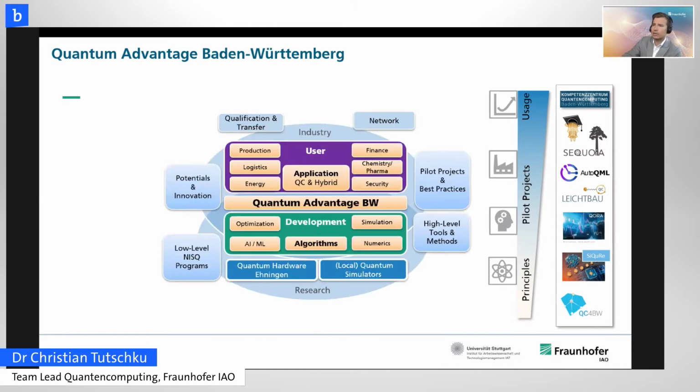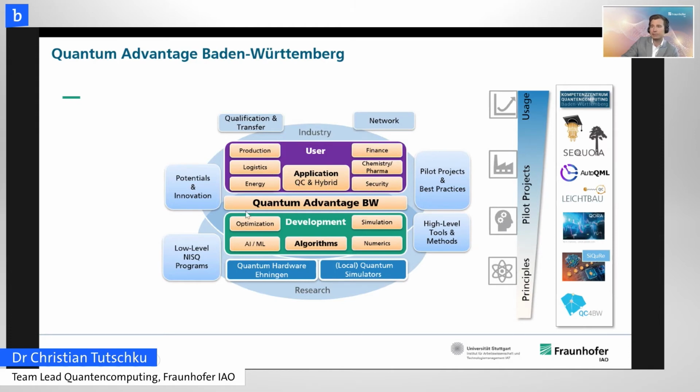And our ansatz is really to have the industry very close to the research partners. So within the competence network, there are all of the Fraunhofer partners and universities, R&D partners, very close to the industry network, which we built up over all the branches, and they bring in their use cases from all the sectors.